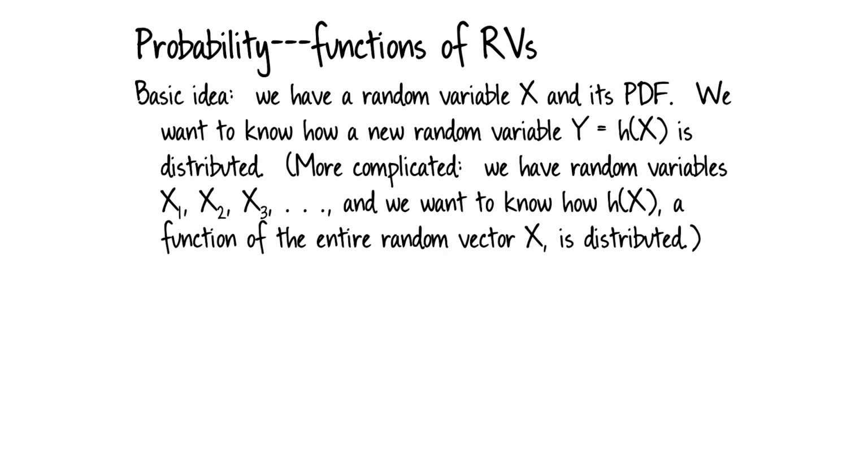A more complicated version of this problem is that we have a whole bunch of random variables, x1, x2, x3, and we want to know how h of x, a function of the entire random vector x, is distributed. This is maybe not the most careful notation in the world, but I'll sometimes use capital X to refer not just to a random variable, but to an entire random vector. And that's what I did here.